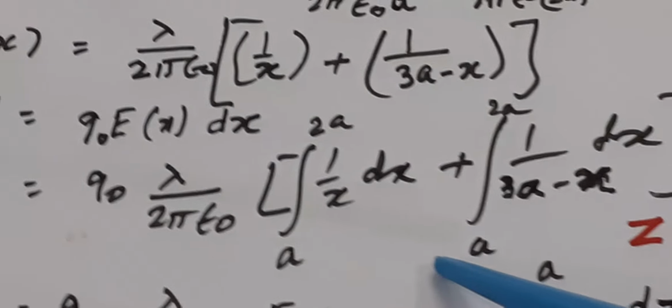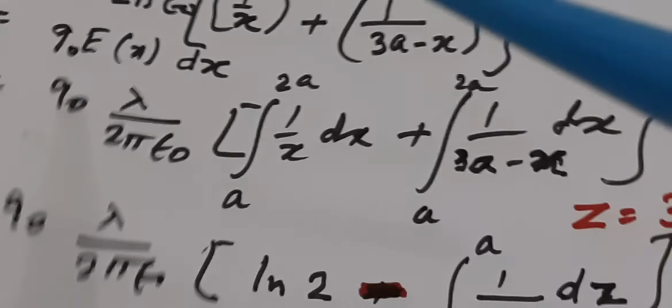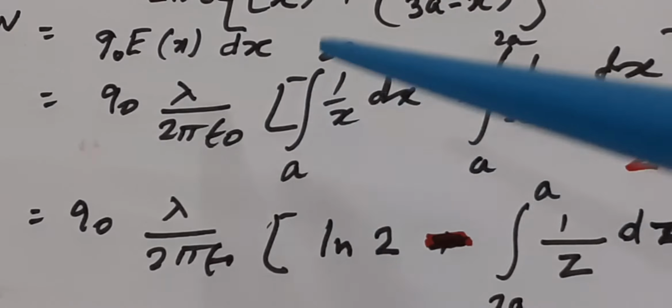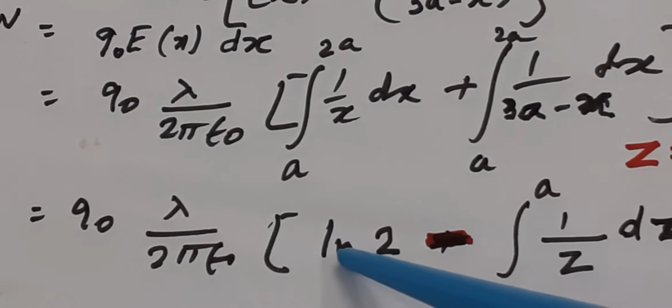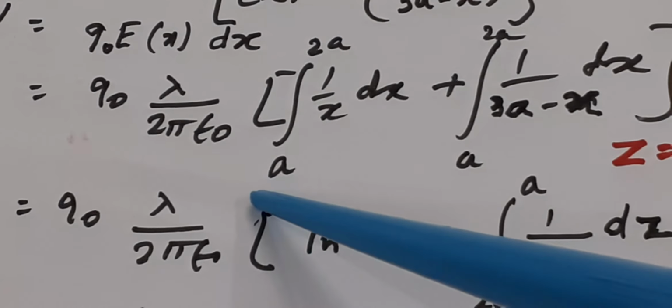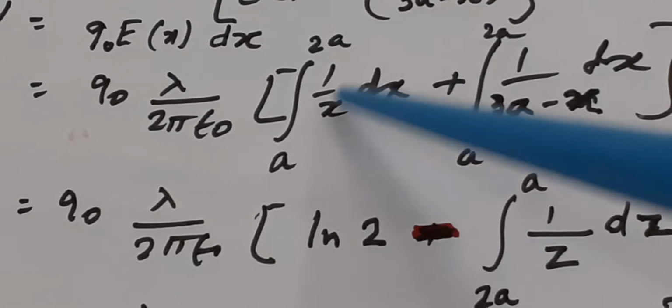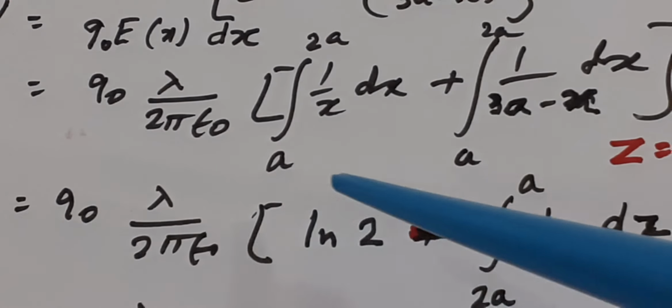Now here we have to do this integration. We know the integral of 1 by x dx means ln of upper limit by lower limit, ln 2a by a, so it will give you ln 2.